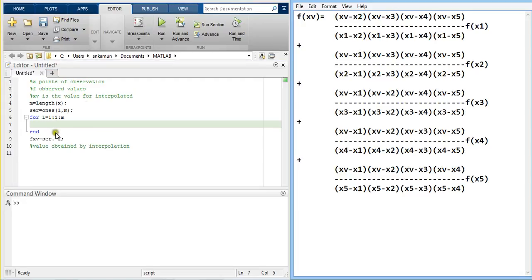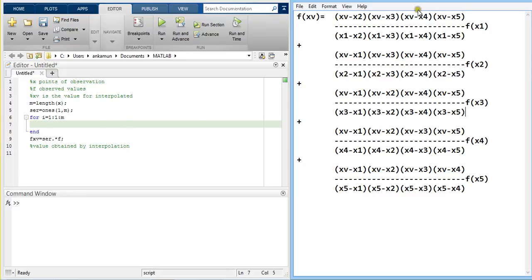The final output will be fxv. Here, as you can see, line number 9, SER is an intermediate variable that we are going to evaluate and update during our execution.